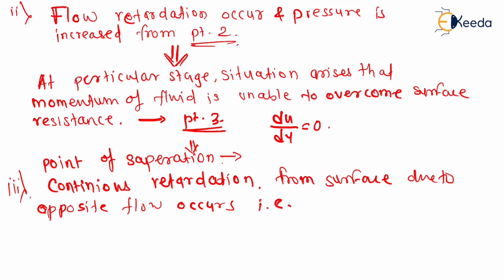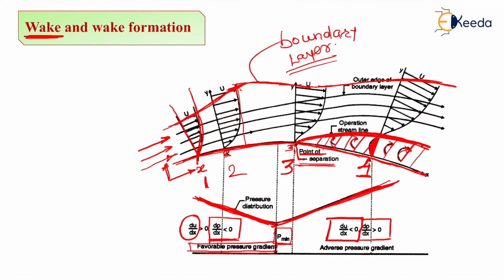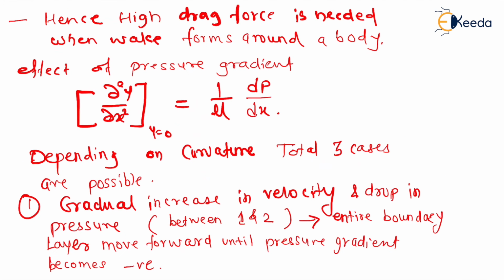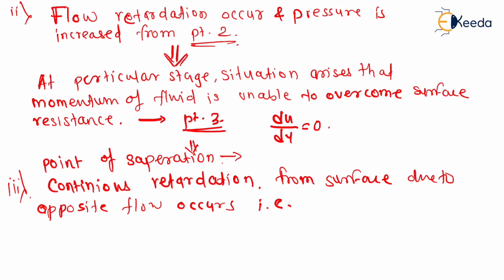That is, at this fourth point, opposite flow is occurring due to entry of other fluid particles. These curves are formed. So we will have dp by dx greater than 0. So it is very important to study the location of point of separation.